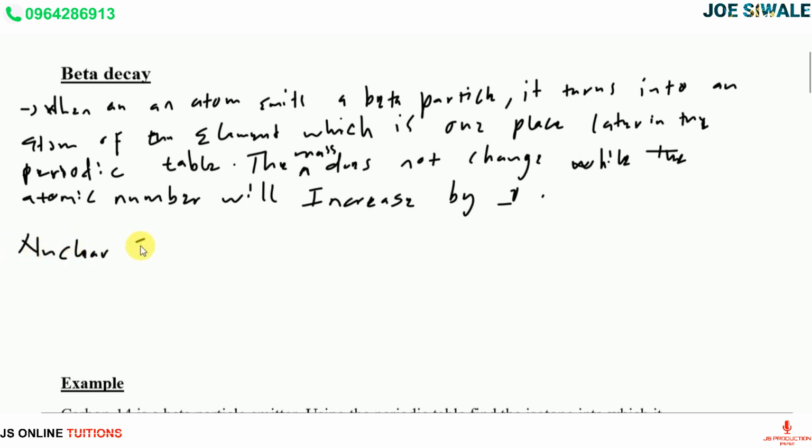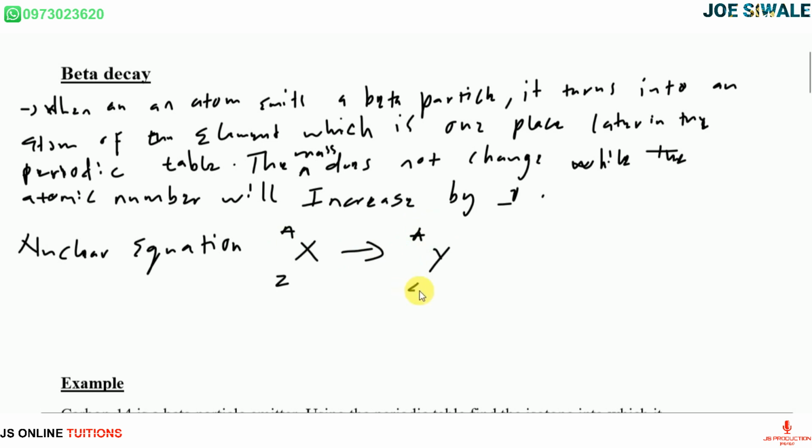a nuclear equation. So for the nuclear equation, if we have this element X, that's the symbol, and we have the mass number there, and the atomic number of a parent nuclide, and if this produces a daughter nuclide, and when it emits a beta particle, we know that the mass number will remain the same, so A is going to remain there, while the atomic number will increase by 1.